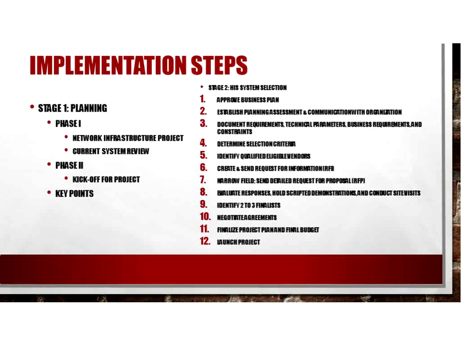The software selection process follows a series of essential steps, and I have those outlined here on the right-hand side for stage 2 HIS system selection. So in step 1, you want to develop the HIS project plan and communicate it to the organization. You should have a detailed project plan with a timetable and work plan, and use that tool for informing everyone about what's going on. Establish the selection committee.